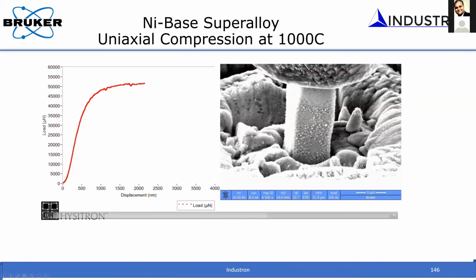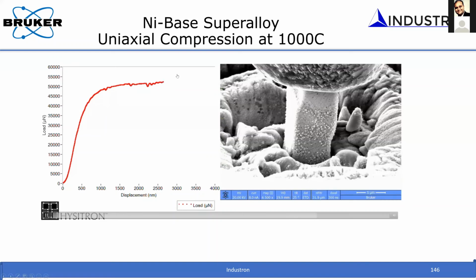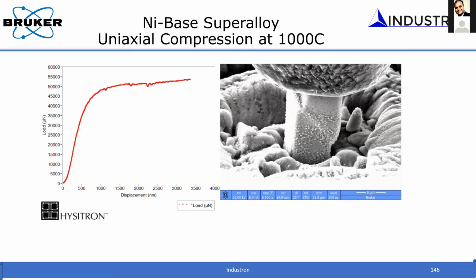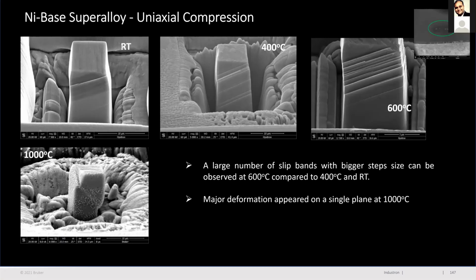This is very useful because you're not only measuring the response in terms of load or stress, but also directly observing what is happening in real time, which helps you understand the deformation mechanics. For example, if you do it at room temperature, you can see the shear bands, and that is totally different when you do it at 1000 degrees C. So you can have a direct understanding of the deformation mechanics along with the stress strain that you measure.